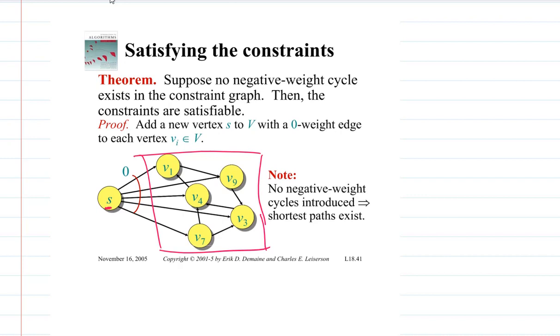So once you cannot go back to s, you cannot have a cycle, be it a positive cycle or a negative cycle. So by adding s to the graph and connecting it with 0 edge weight, it will not have any impact on the overall graph; it will not add any negative weight cycle. So keep that in mind.